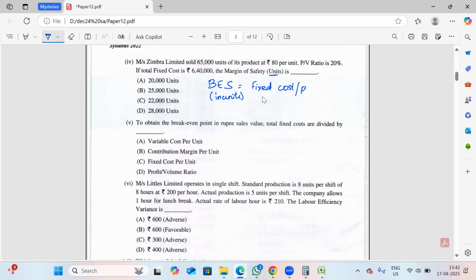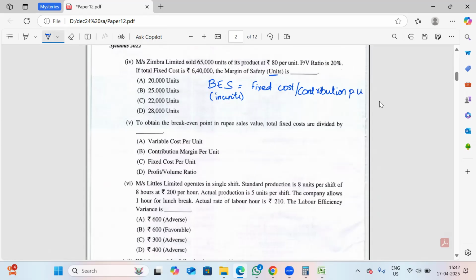You have to remember that if we are dividing by the PV ratio, we will always get the answer in rupees. If we want it in units, we should always divide by contribution per unit. So what is my contribution per unit?